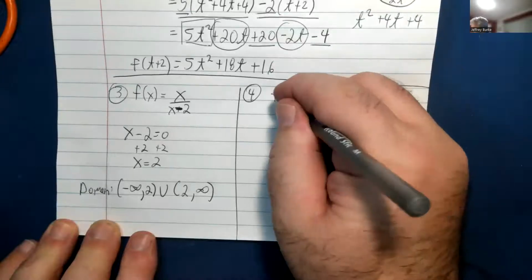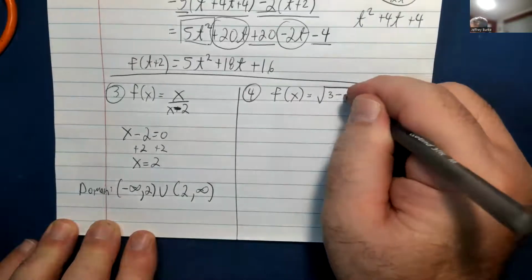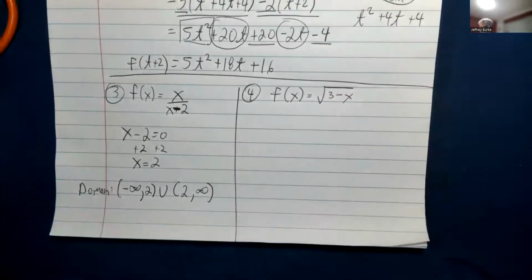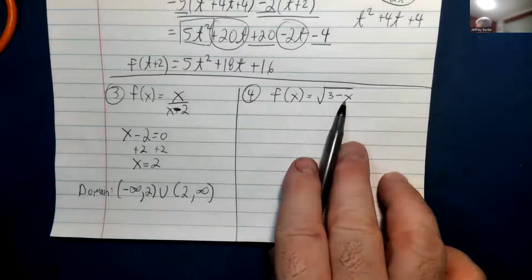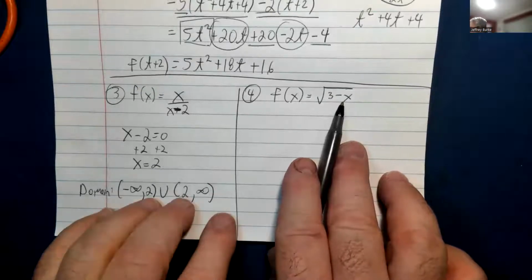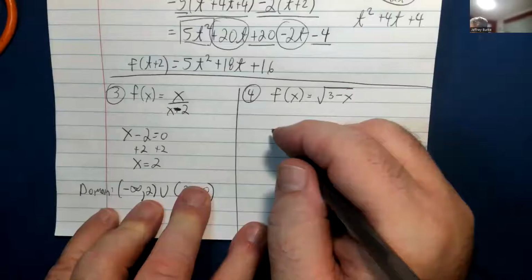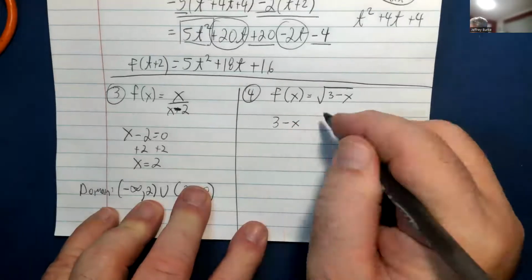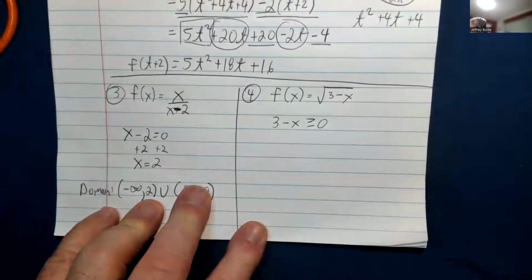And we have here for this function, f of x equals radical 3 minus x. Now, in this case, we can't let any negatives under the radical. We can have a 0, but we can't have a negative. So as long as this stays either 0 or higher, we're good. So what I'm going to do with this one is take 3 minus x and set that to be greater than or equal to 0.